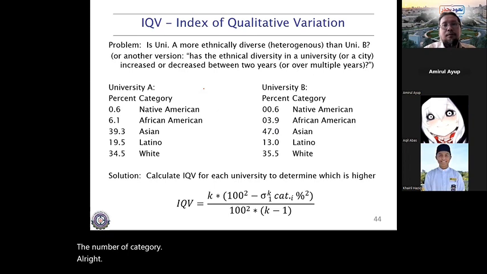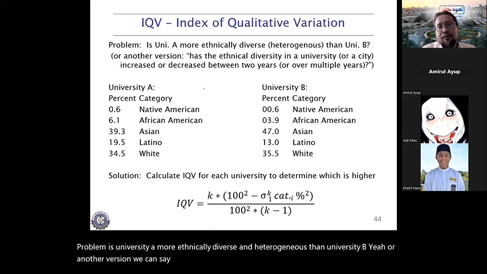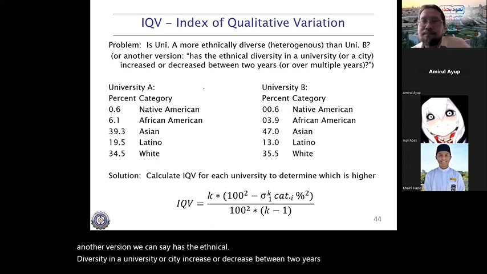All right, so this is one example. The problem: is University A more ethnically diverse, or heterogeneous, than University B? Or another version: has the ethnic diversity in a university or a city increased or decreased between two years or over multiple years?